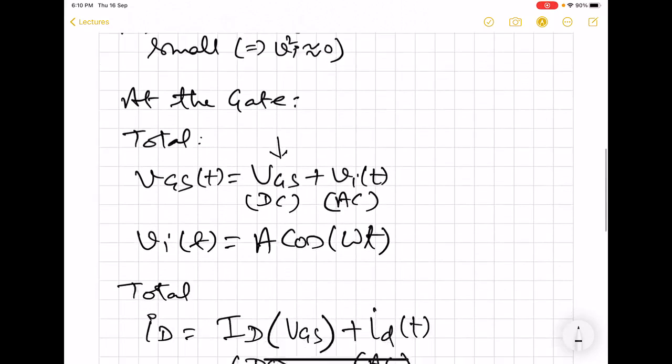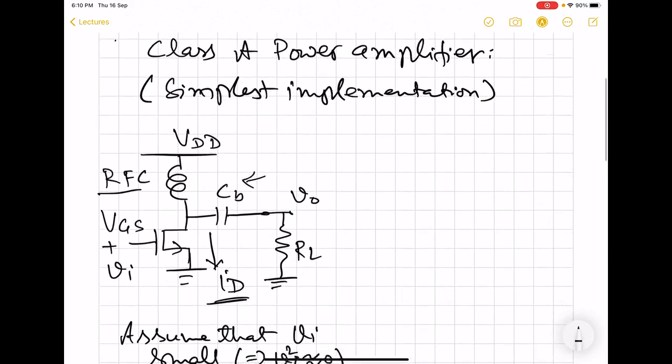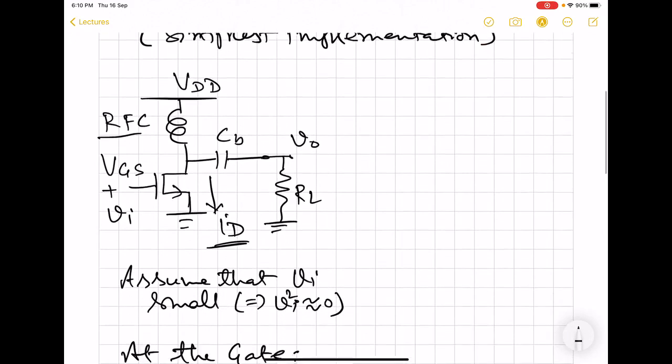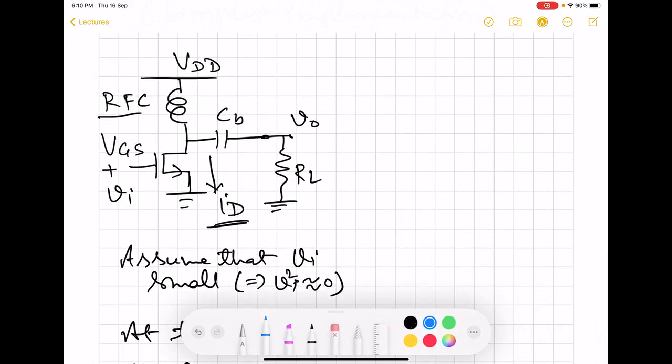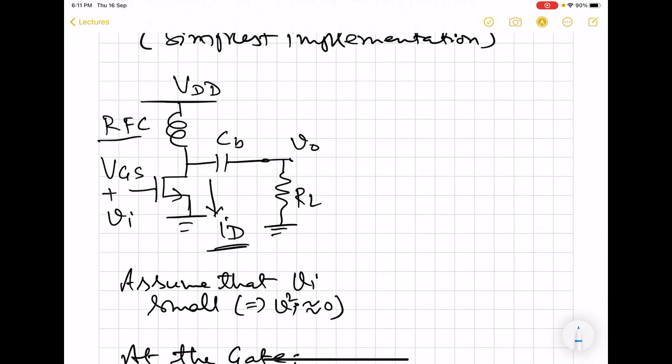So here we see that total drain current has two components, DC and time varying. So what will happen is the total drain current will flow through two different paths. So for the DC part, we will have this condition.